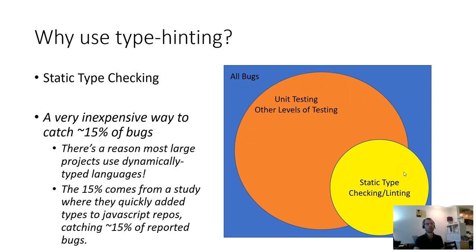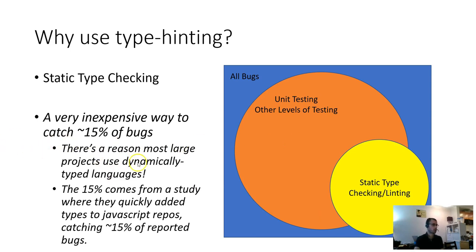Well, static type checking doesn't take that long to add a few types to your code, and it actually checks for some stuff that you don't usually get at with your unit tests. These don't entirely overlap, so you have a fairly inexpensive approach, by adding these types, of detecting some different errors that might otherwise take a while to debug.